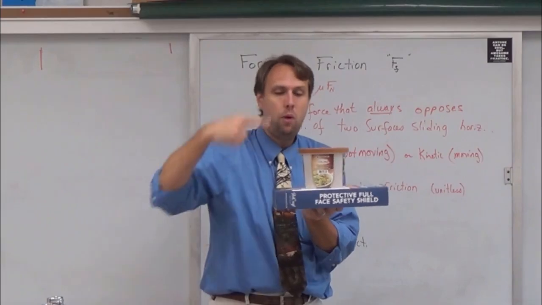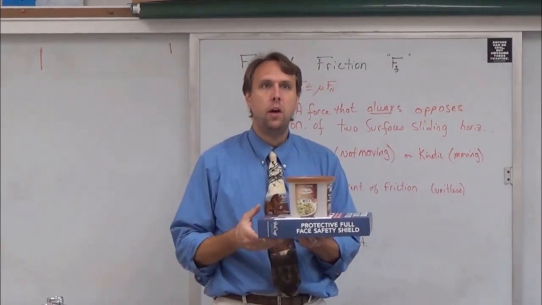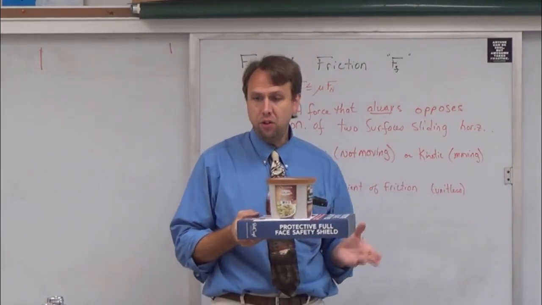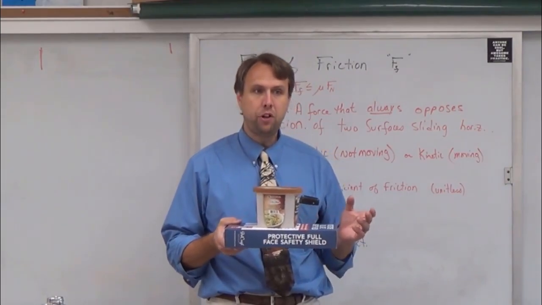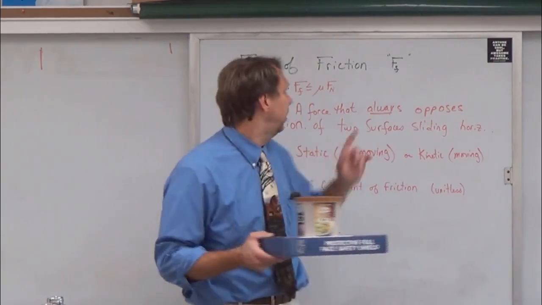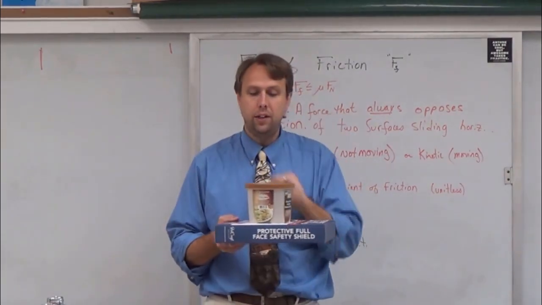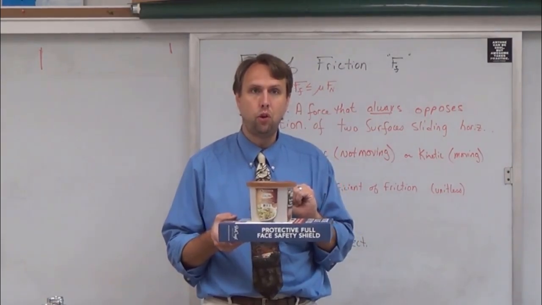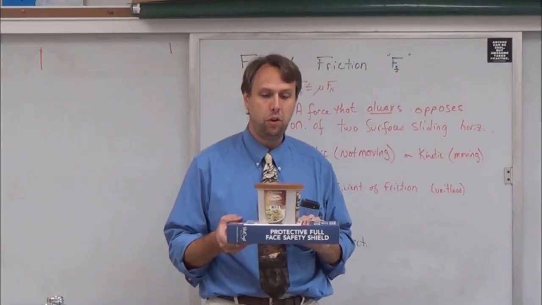So I'm pushing that way with 3 newtons of force. Well, if I do that, force of friction, let's say it can oppose that with, if I calculate mu times force normal, let's say in this situation mu times force normal is 5 newtons of force.